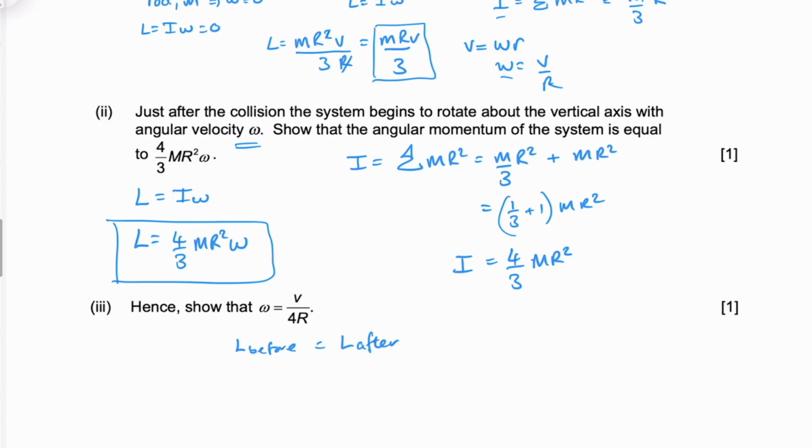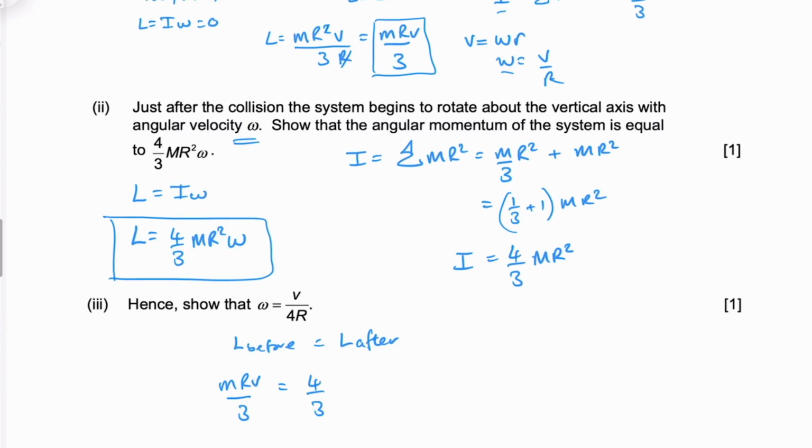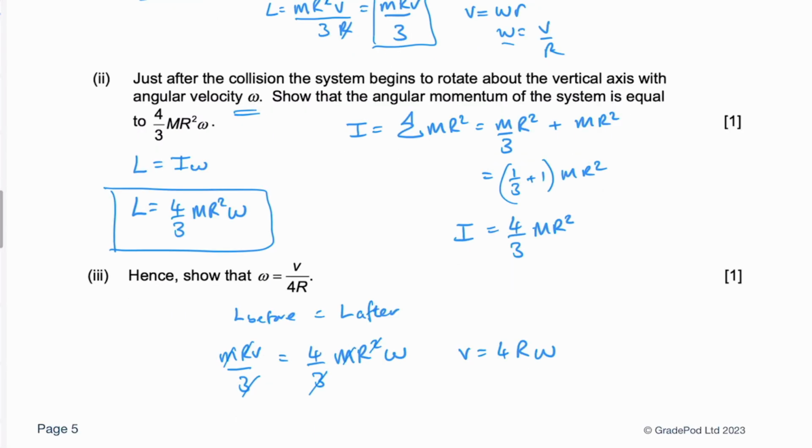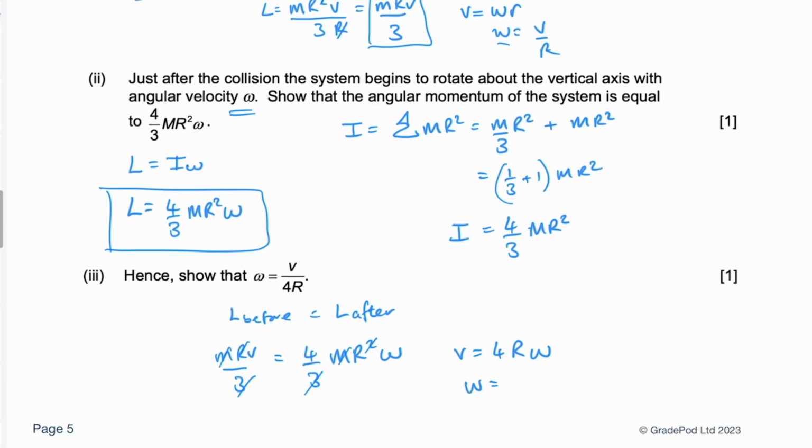The momentum before, of course, was mrv/3, equals momentum after, which is 4/3 mr² omega. The 3 can cancel, m can cancel, one of the r's can cancel, and what we're left with is v equals 4r omega. So omega equals v/4r.